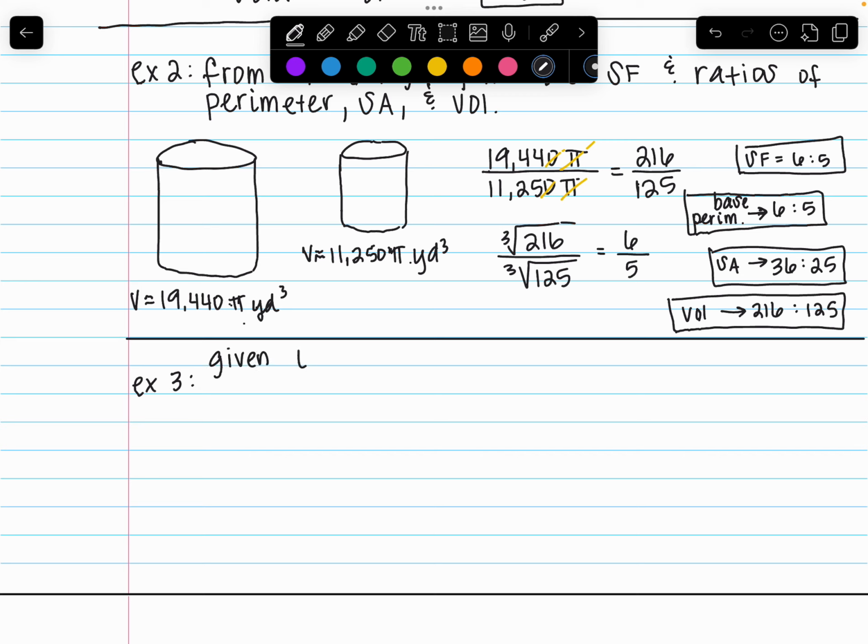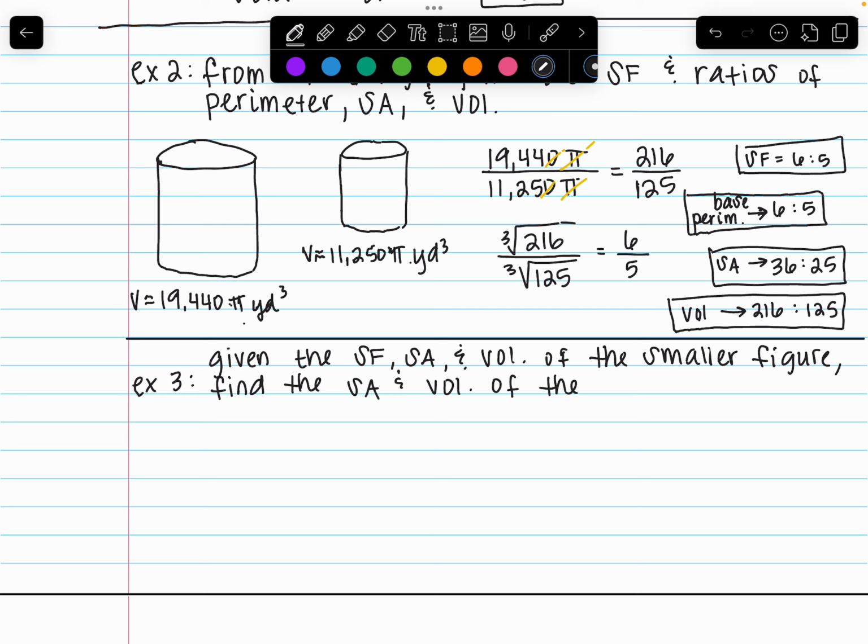Given the scale factor, the scale factors, surface area, and volume of the smaller shape, or I'll put figure. Find the surface area and volume of the larger figure.